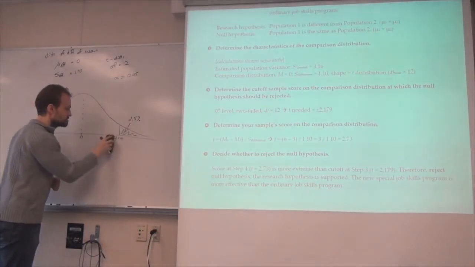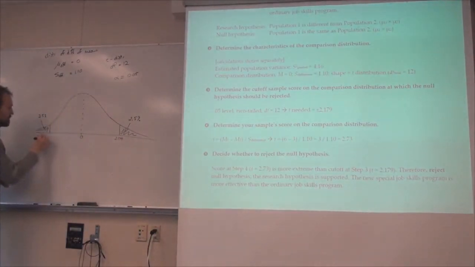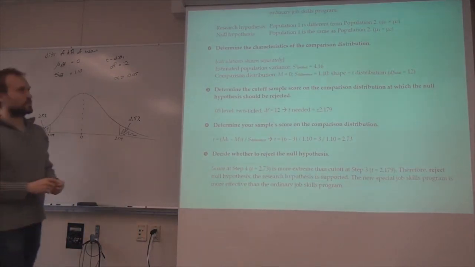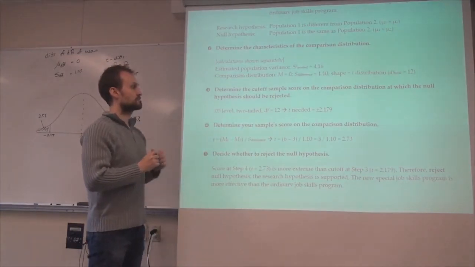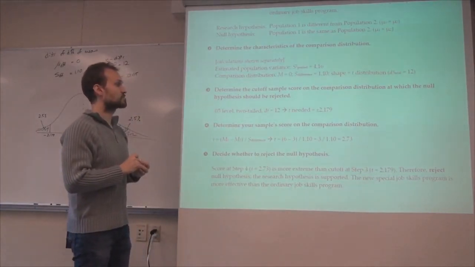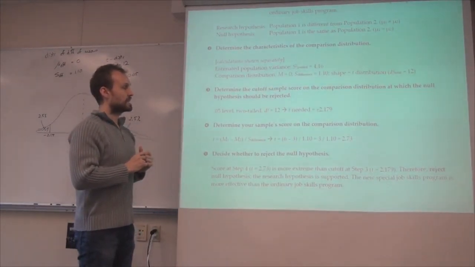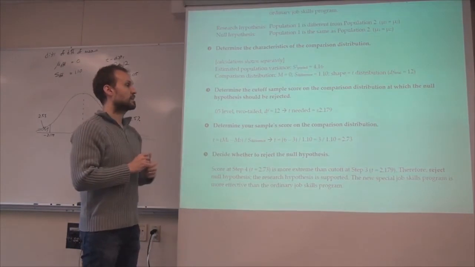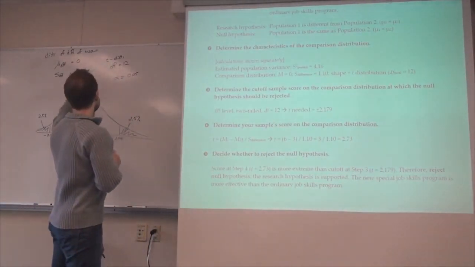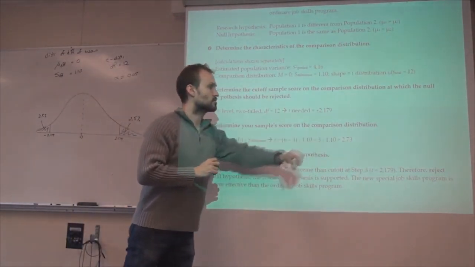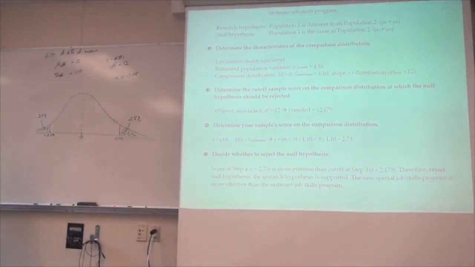This would be a plus. And this would be a minus. Since I don't know if my special job skills programs can be better or worse, potentially, I want to play it safe, I don't know which one, two-tailed test. So then I look at my sample score. Well, I take the difference between the two sample means divided by the standard deviation of my comparison distribution, and I get 2.73.